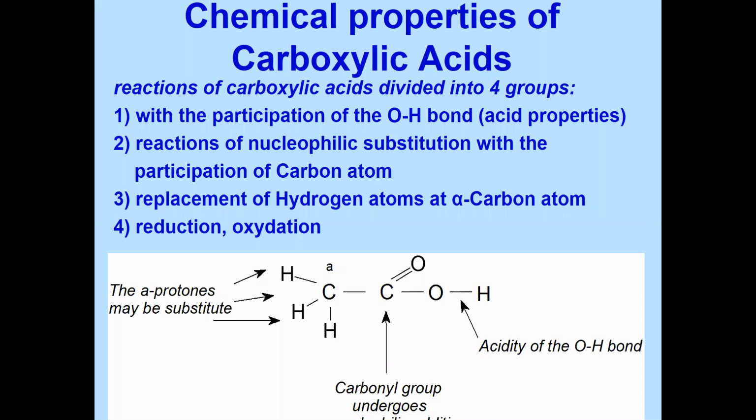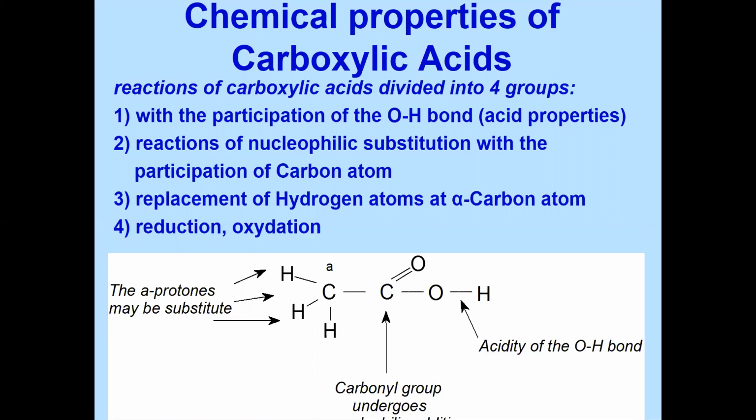Chemical properties of carboxylic acids. Reactions with the participation of the hydroxy group, acid properties, reactions of nucleophilic substitution with the participation of the carbon atom, replacement of hydrogen atoms at the alpha carbon atom, reduction, oxidation.